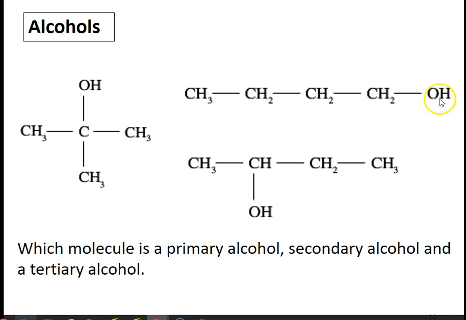Primary alcohols are when the OH group, hydroxyl group, is attached to a carbon which is only attached to one other carbon. This is a secondary alcohol. The OH group is attached to a carbon that's attached to 2 other carbons. And this is a tertiary alcohol. The carbon it's attached to is attached to 3 other carbons. So to make a carboxylic acid, we need a primary alcohol. We need our hydroxyl group on the end.